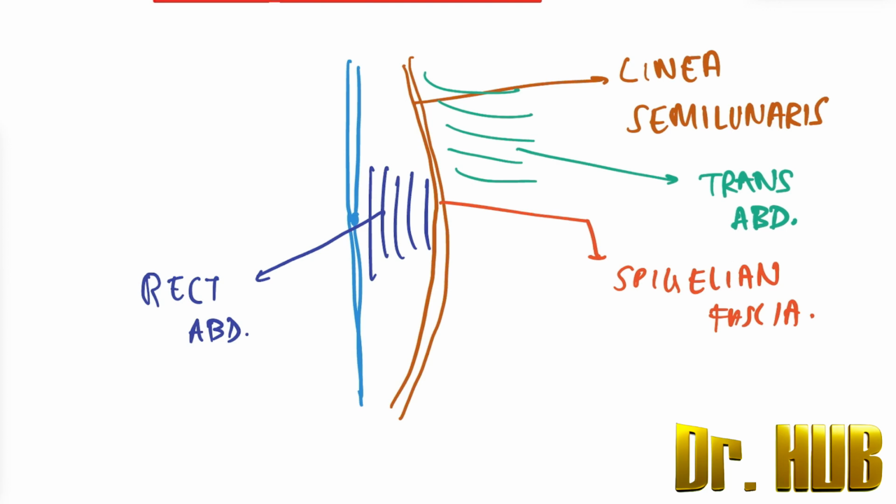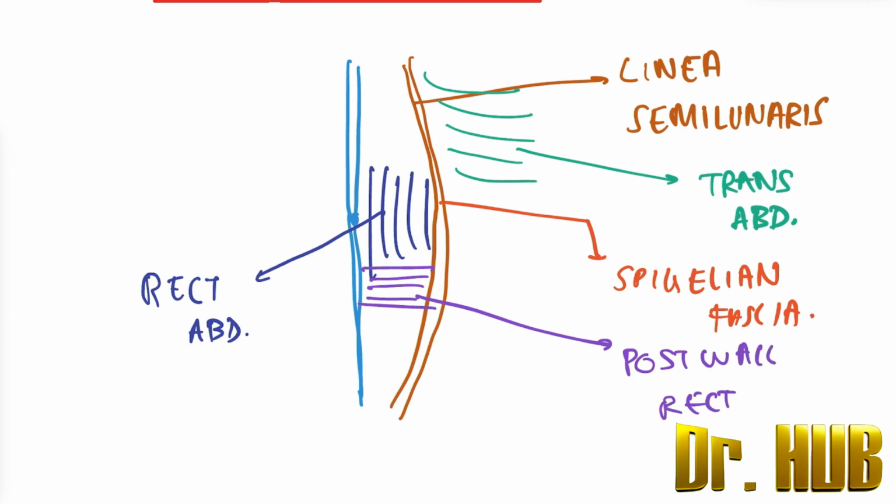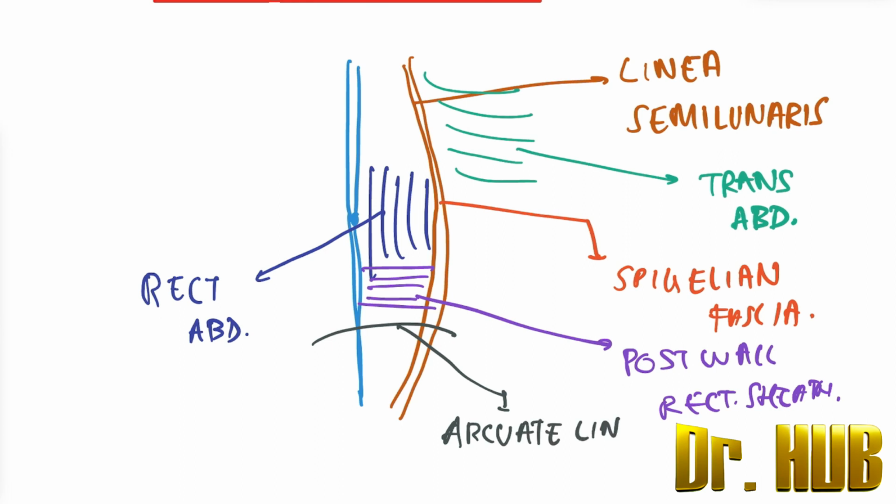Then there is the posterior wall of the rectus sheath. Then below there is the arcuate line. And as it tapers down, it is the transversalis fascia.